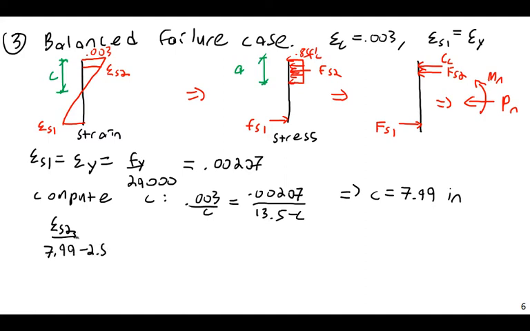Where did that come from? I'm using this as my smaller triangle. If it's 2.5 from here to here, and it's 7.99 from here to here, the height from here to here is 7.99 minus 2.5. This compares to 0.003 divided by 7.99. You work through the math on that, and you will find that epsilon S2 is equal to 0.00206.